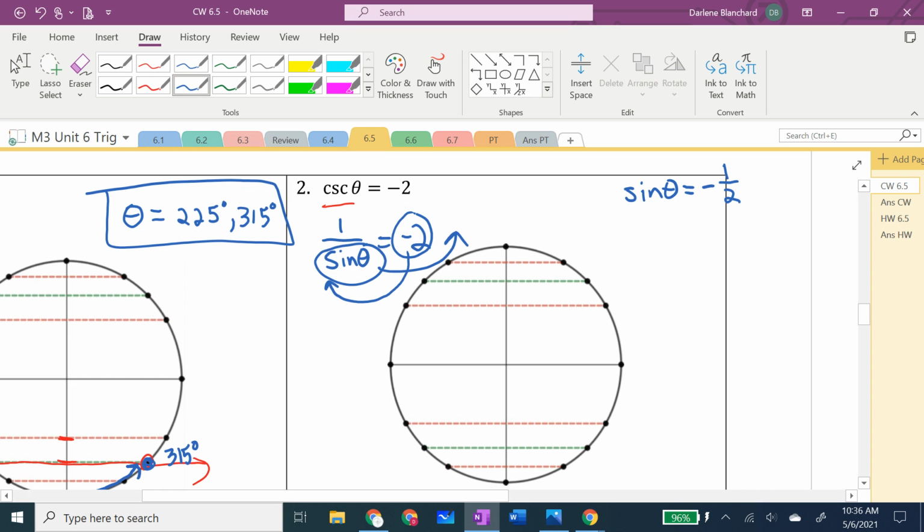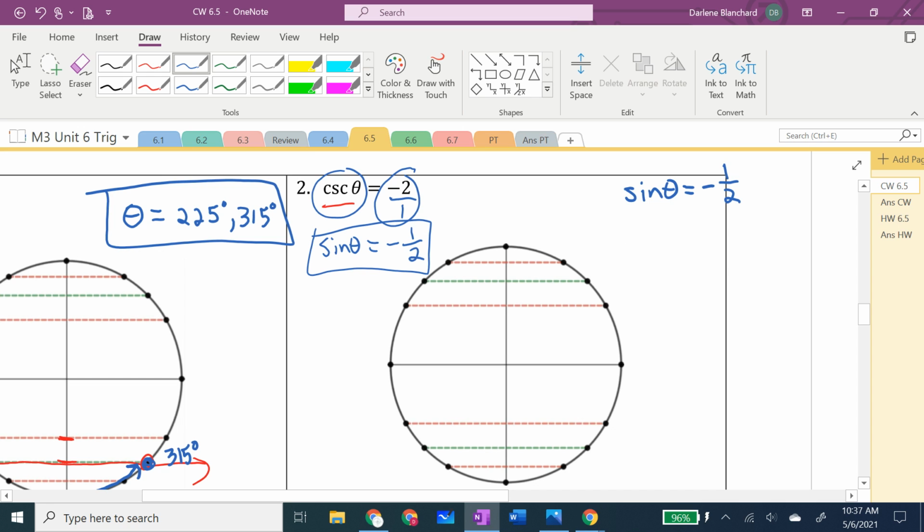I can also do this. If cosecant is equal to negative 2, negative 2 divided by 1 is another way of writing negative 2. Sine is the reciprocal. So if I reciprocate the function, I reciprocate the fraction. So now I'm going to draw a horizontal line where my sine is equal to negative 1/2.